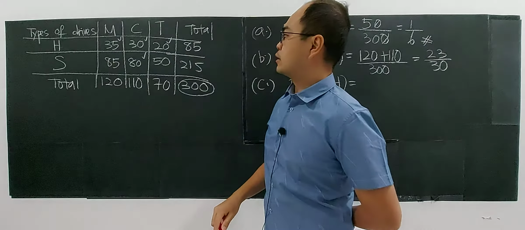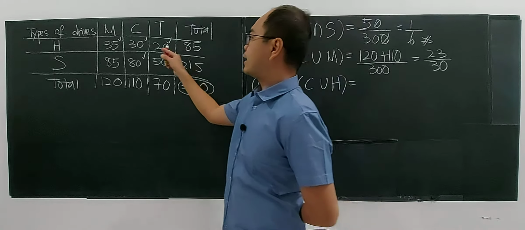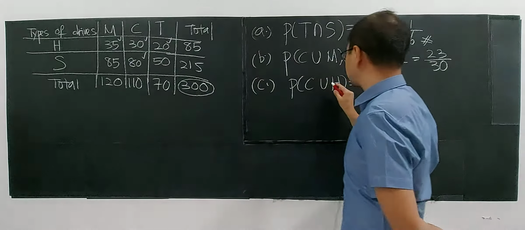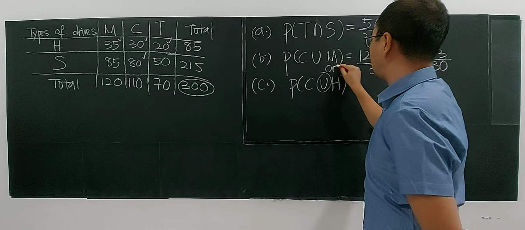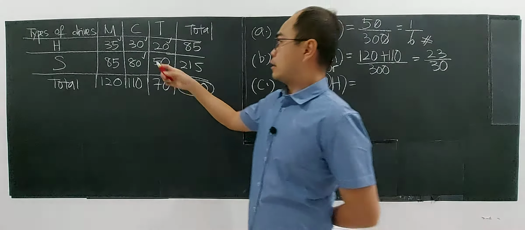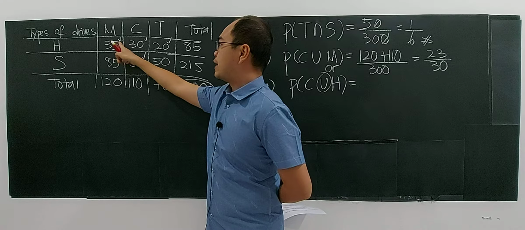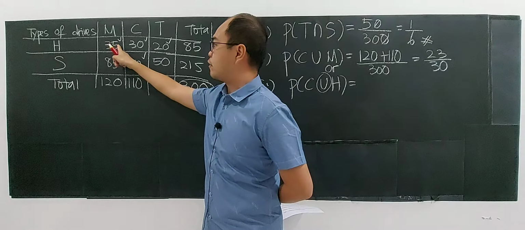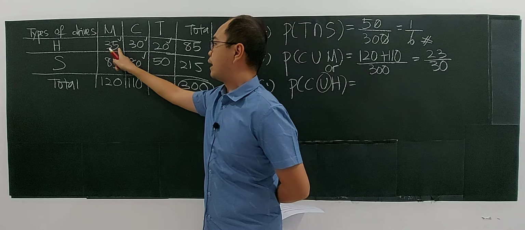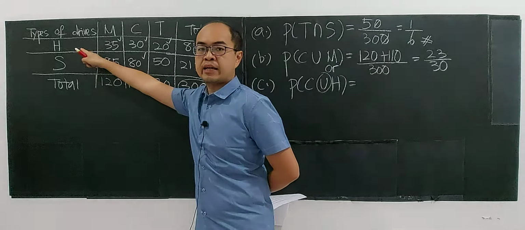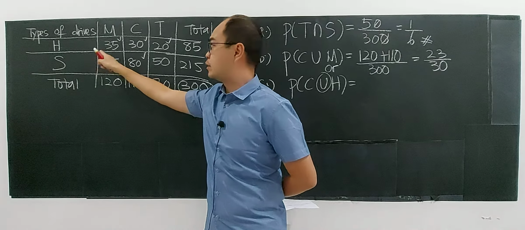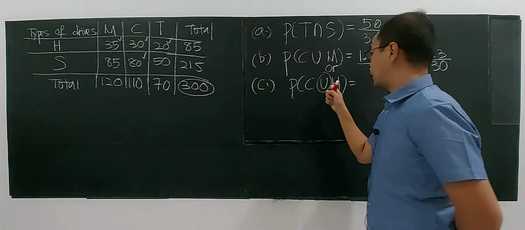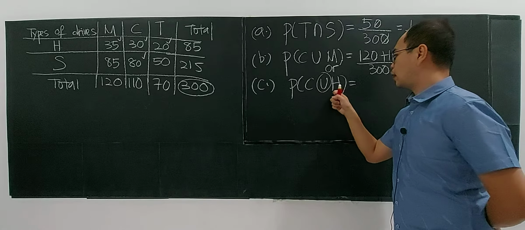Means either they are from China, you must understand the meaning of or. Even though this is manufactured in Malaysia, it is a hard disk drive, so we accept this number here because they said either it's from China or a hard disk drive.